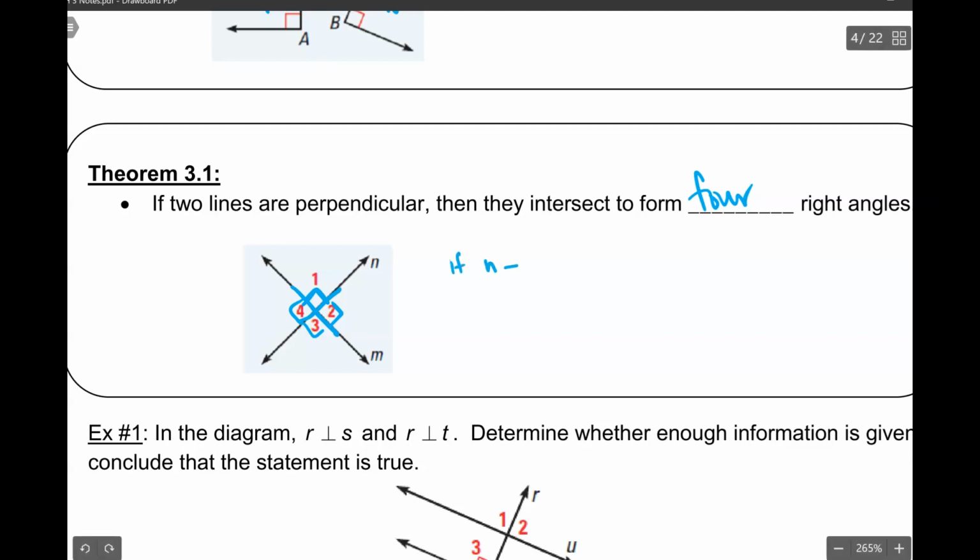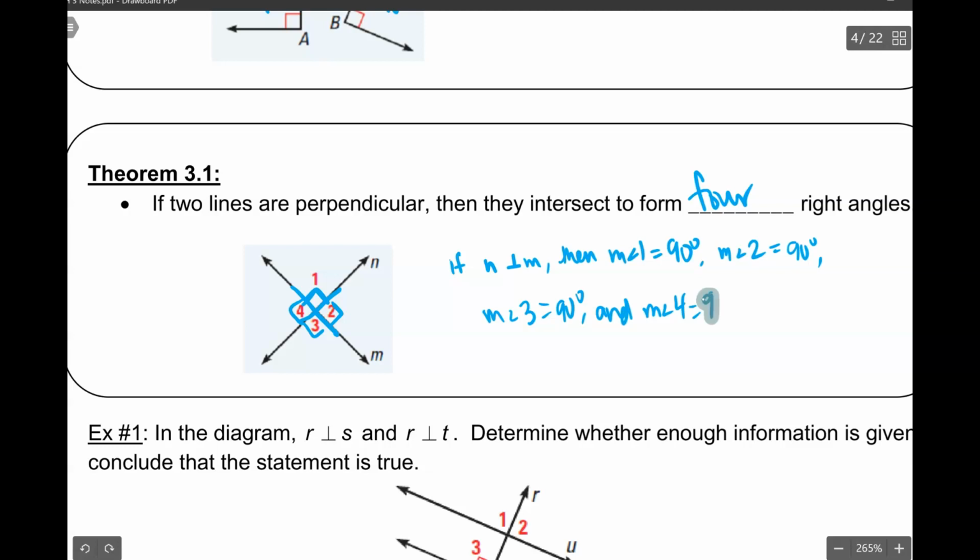So we say if line N is perpendicular to line M, then the measure of angle 1 is equal to 90 degrees. The measure of angle 2 is 90 degrees. The measure of angle 3 is 90 degrees. And the measure of angle 4 is 90 degrees.